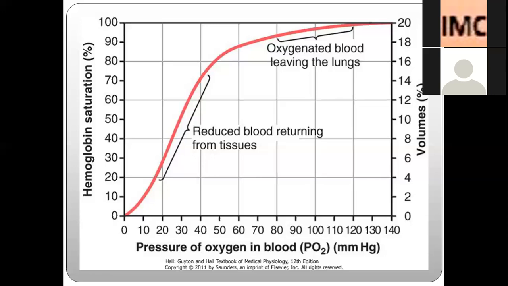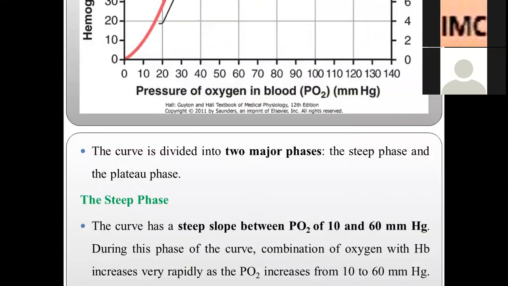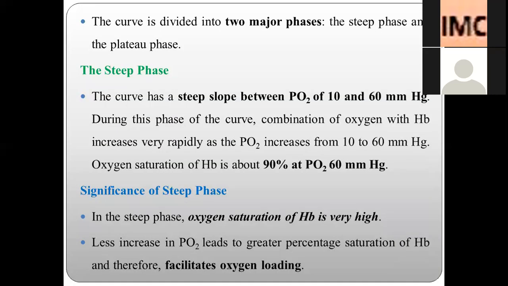And beyond 60, there is a plateau phase. So this particular phase is known as a plateau phase. So this curve will be divided into two parts: one, a steep part, and the second is the plateau phase. So this is how we are going to see this.